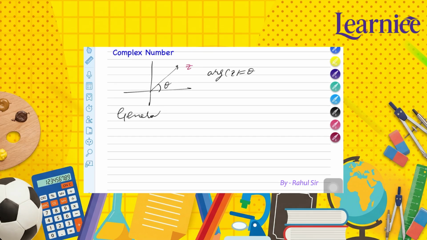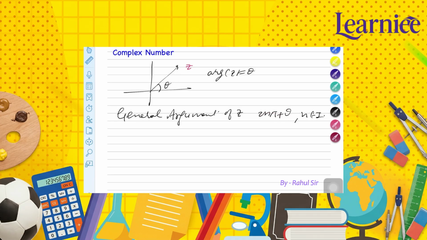As we discussed in the previous lecture, the general argument of z is 2n pi plus theta, where n is any integer. For different values of n we will get different theta.